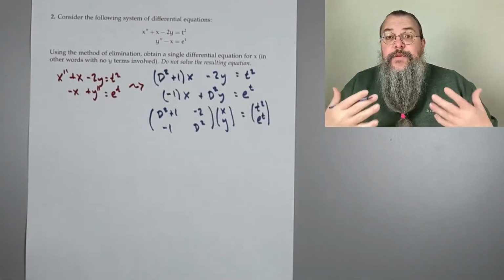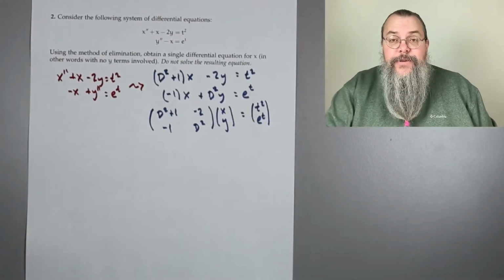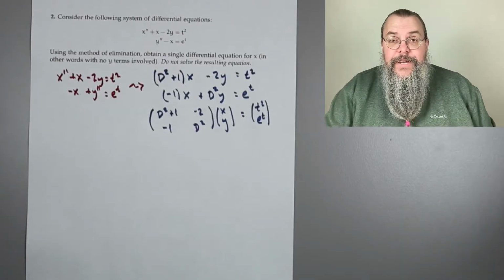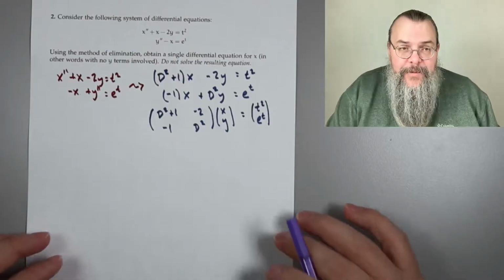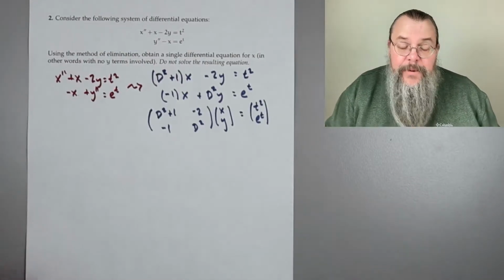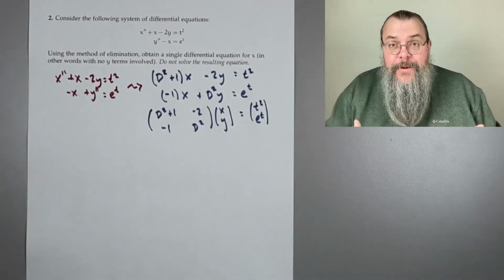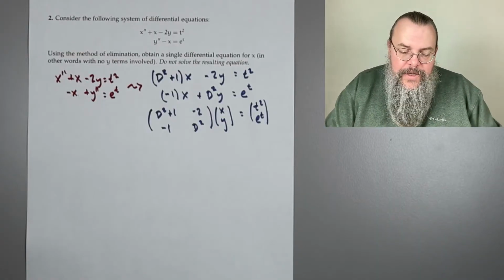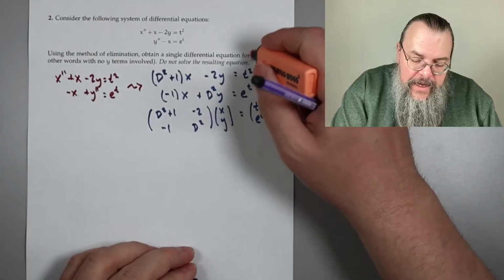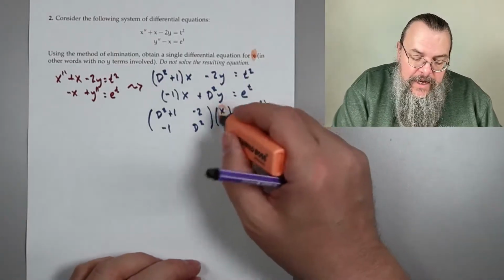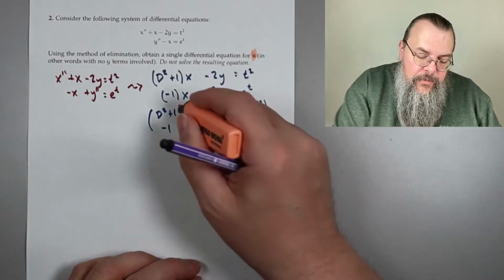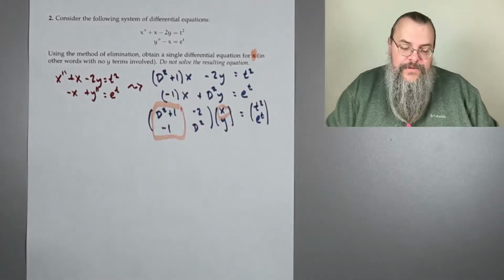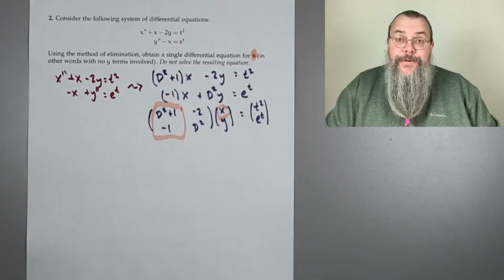All right, so I'm putting it to matrix form so we can use our matrix techniques. And in particular, we're going to be using the technique of elimination that corresponds with Cramer's rule. Now, it's important to remember which variable are we after. Are we after x or after y? And so, well, it tells us we're after x. So it's important to remember which is the x column, the coefficients for x, because that will play a role.